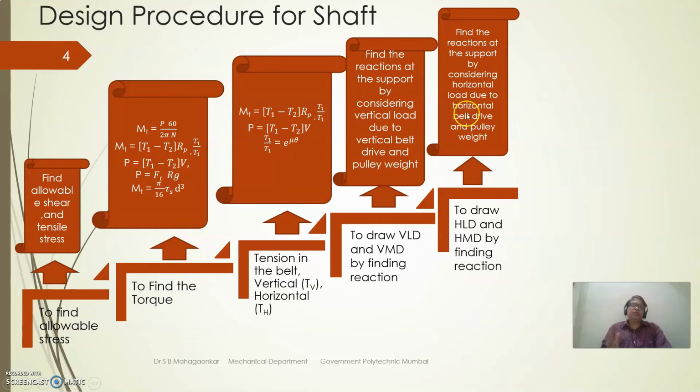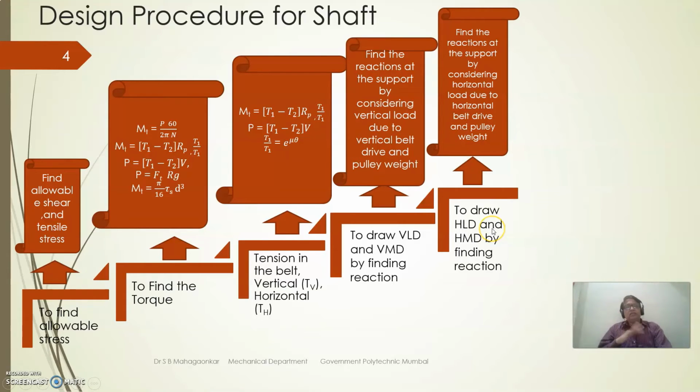If a pulley is there, belt drive is there, you have to take the belt drive. If a gear is there, in that case they will give the tangential component, and you will get one resultant load at a given angle. With that I can find out the vertical load and horizontal load.